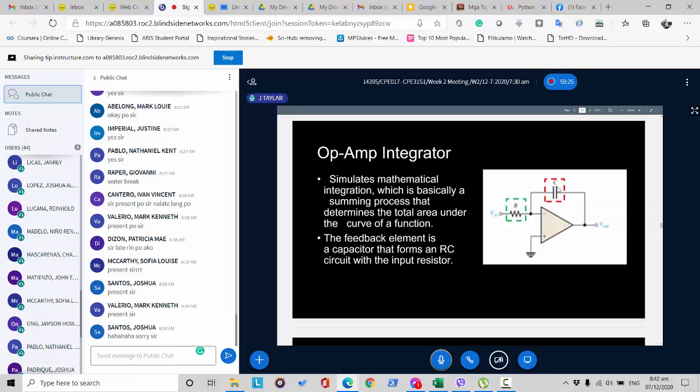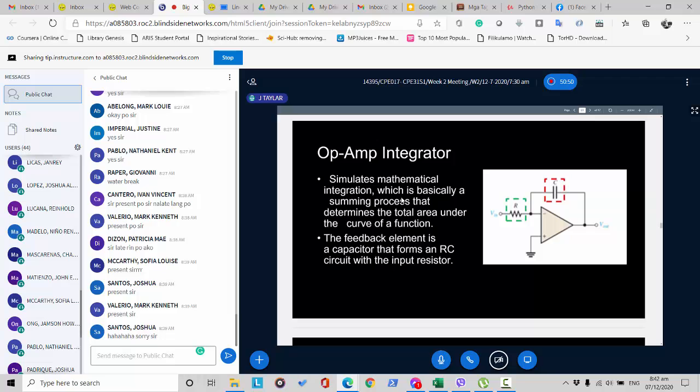So we have a capacitor here connected to the input resistor. As its name implies, the operational amplifier integrator is an op-amp circuit that performs the mathematical operation of integration.